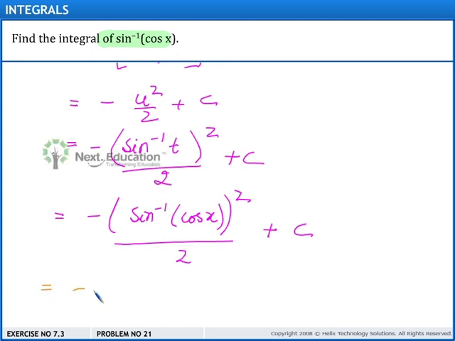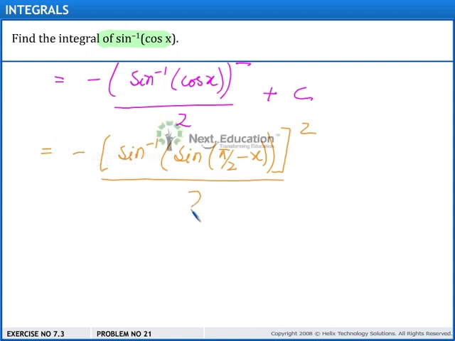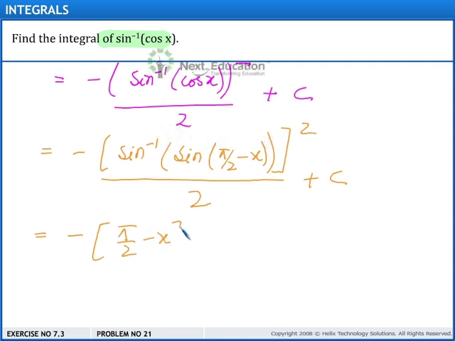Now this is further equal to minus sine inverse of, now cos x can be written as sine of pi by 2 minus x. This is whole square divided by 2 plus the constant, and this is equal to minus of, now sine inverse of sine pi by 2 minus x is pi by 2 minus x whole square divided by 2 plus the constant.